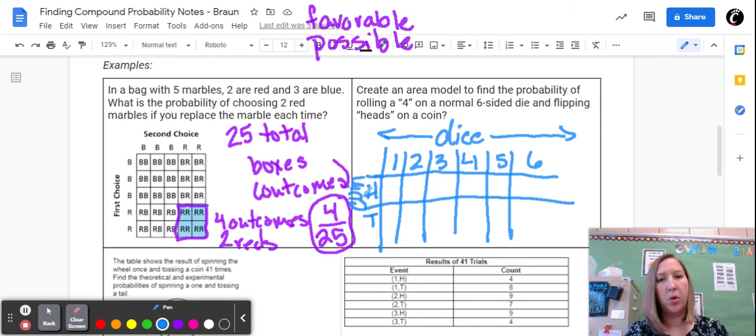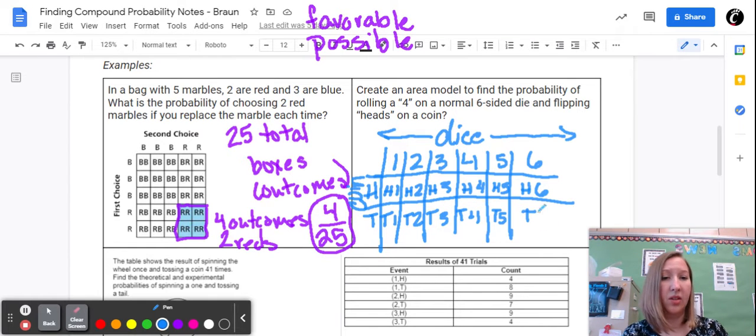So if I were to flip heads, I have the options of getting heads and 1, heads and a 2, heads and 3, heads and a 4, heads and 5, and heads and 6. If I flip tails, my outcomes could be tails 1, tails 2, tails 3, tails 4, tails 5, or tails 6.